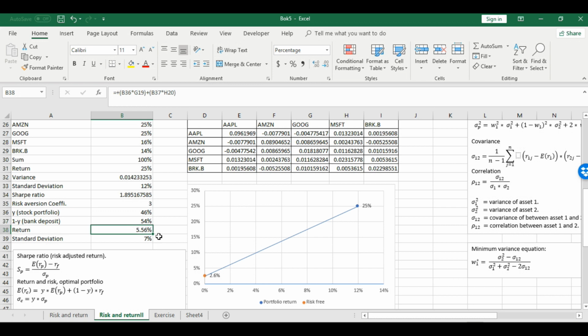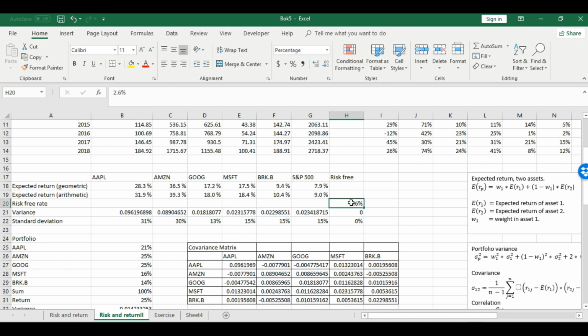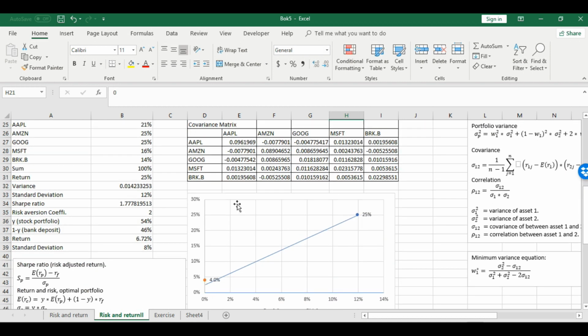Also, if the risk aversion coefficient stays unchanged, but the risk-free rate rises, for example, to 4%, this also increases the bank deposit proportion.